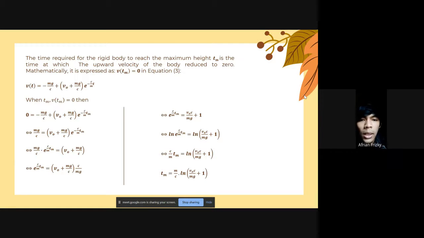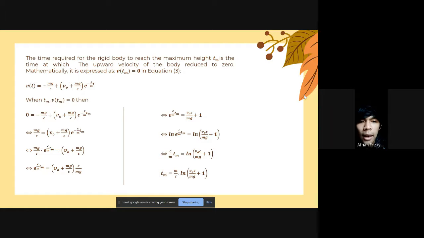Then we multiply out the right side, and we get exponential of c over m tm equals V0 c divided by mg plus 1. To remove the exponential, we take the natural log.